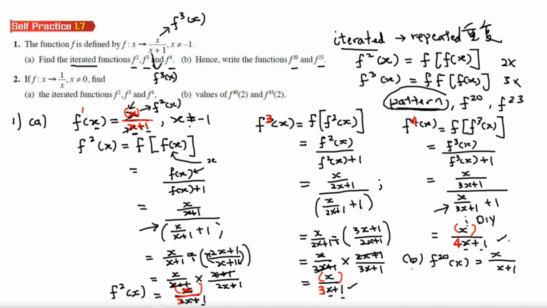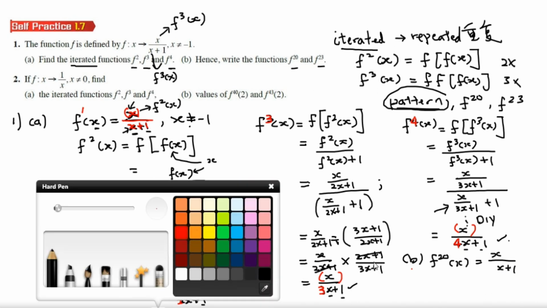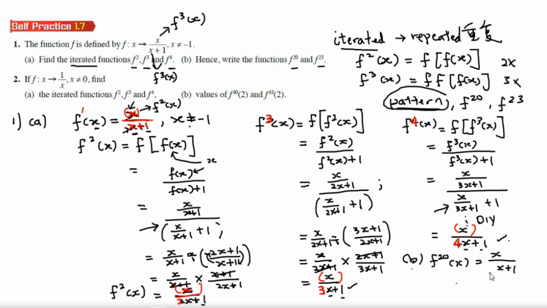The only part that changes is the number before this x. Can you see the pattern? If 2, this one is 2. If 3, this one is 3. So how about 20? Yeah, you are correct. This is 20x.